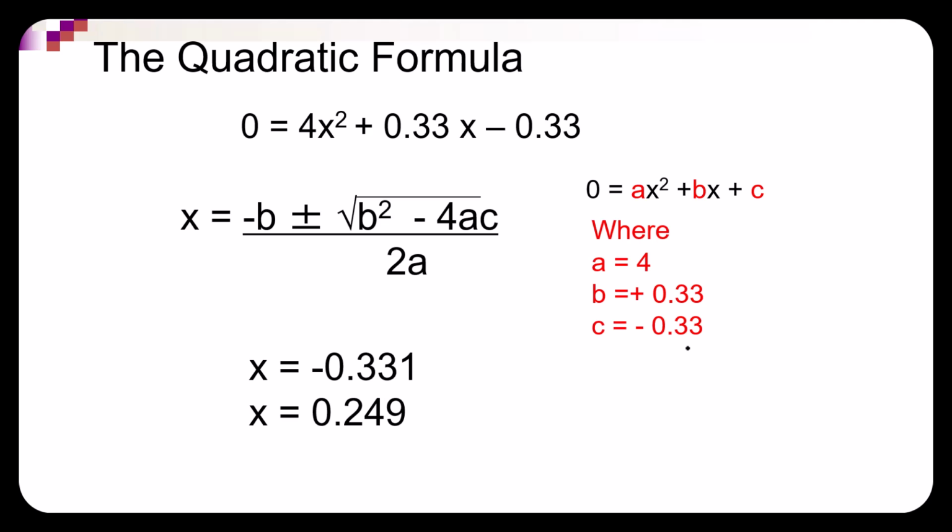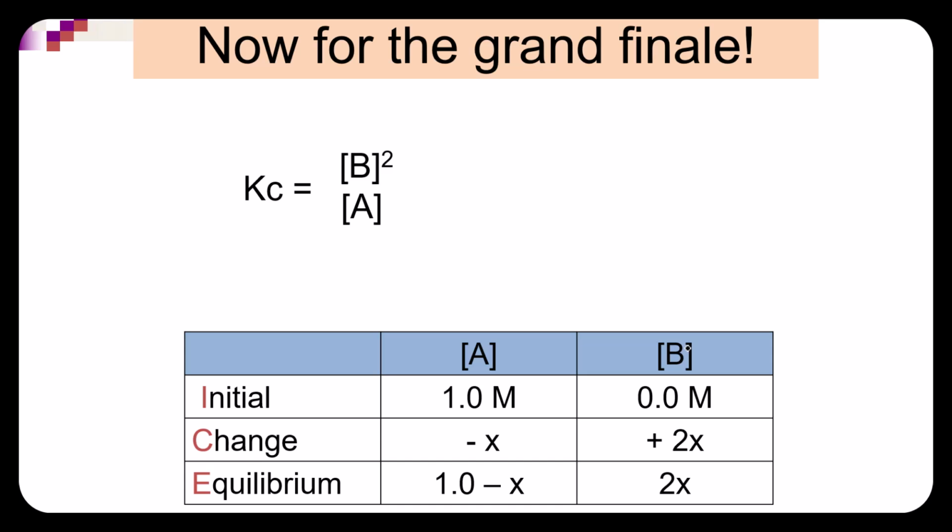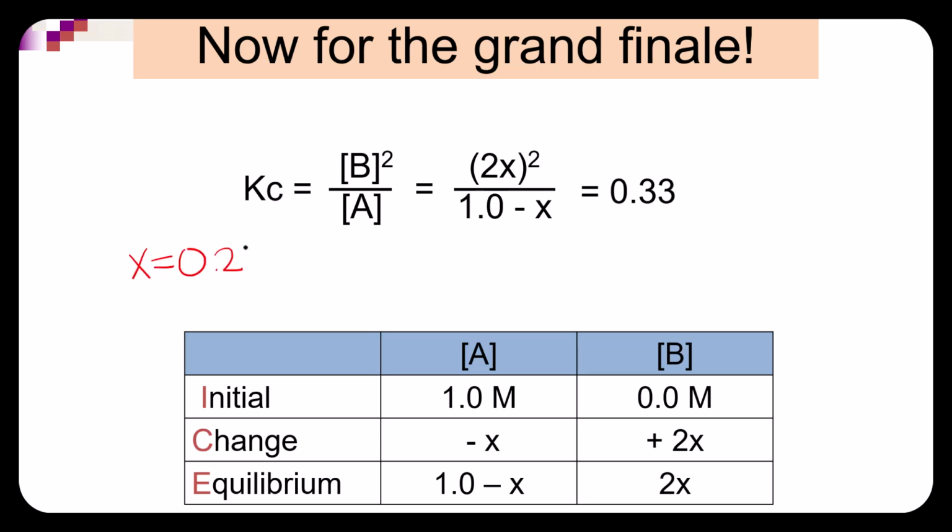Now let's remember where those values go. So we solved for x, right? And so it told us that x equals 0.249 or x equals negative 0.33.